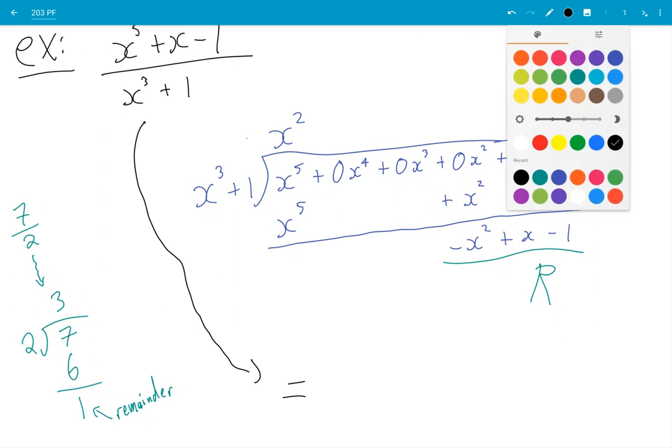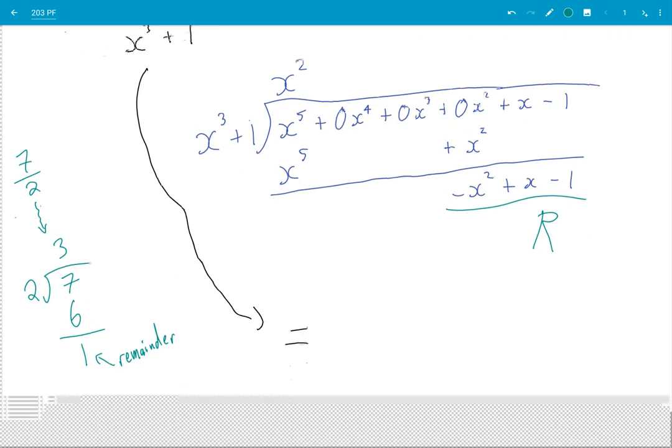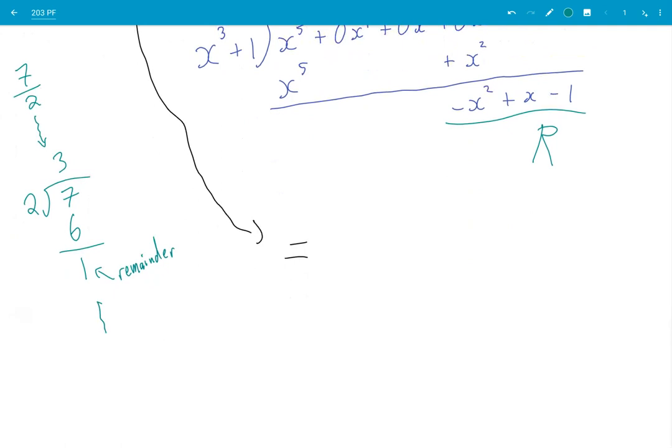Okay, so what we get is that, let's go back to our green thing here. Seven over two is the quotient 3 plus the remainder divided by the denominator.